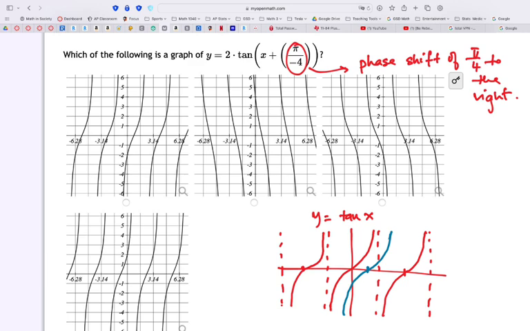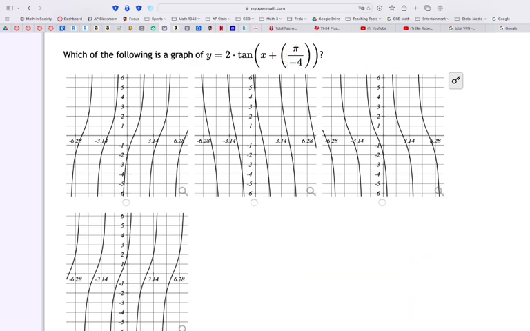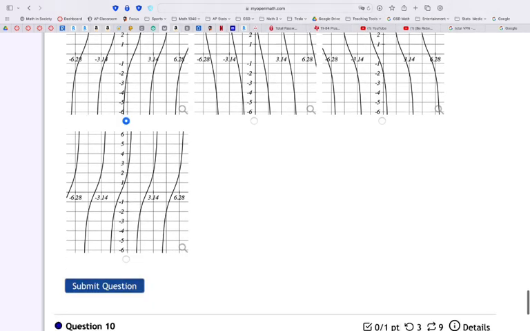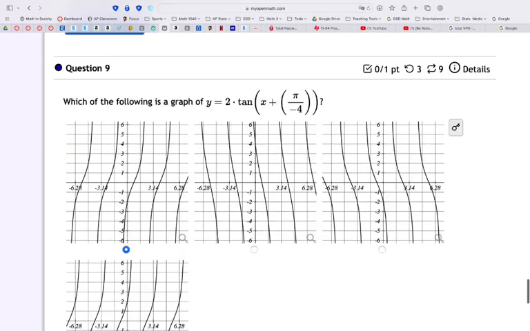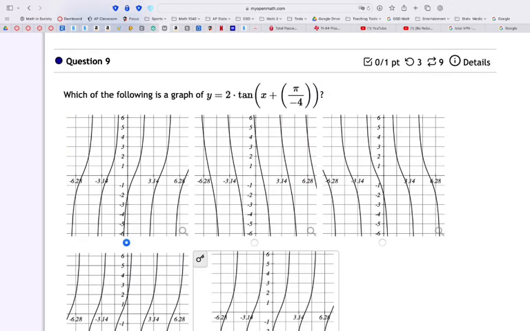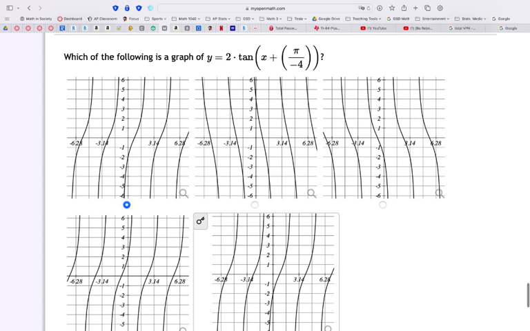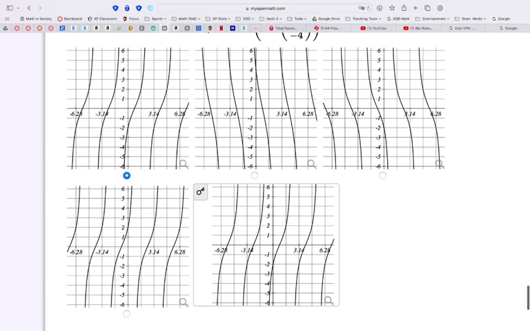So if you look at the 4 graphs that we have, this one looks like the answer that we need.